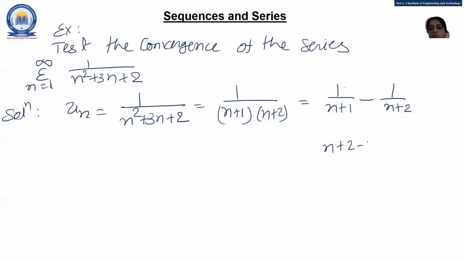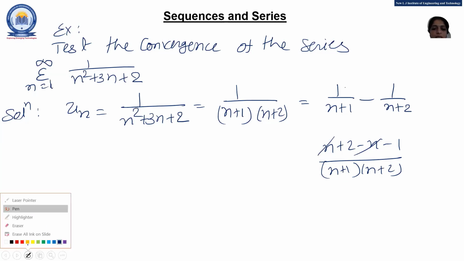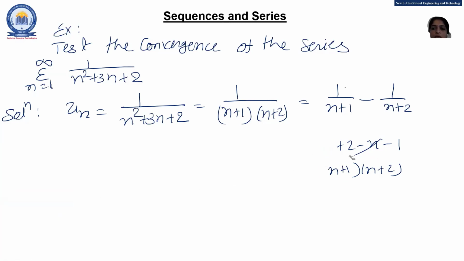Here n plus 2 minus n minus 1 upon n plus 1 into n plus 2. Both n will be cancelled out and 2 minus 1 is 1. So 1 upon n plus 1 into n plus 2. It means both are the same. Agree?